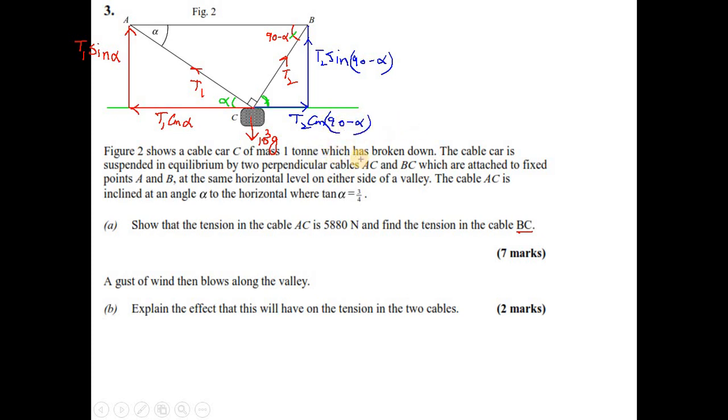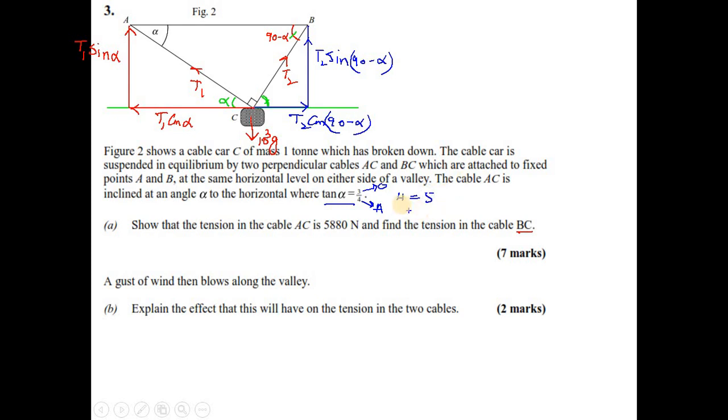So first of all, you need to figure out the value of sine alpha and cos alpha. You know that tangent alpha is given. Tangent alpha is 3 by 4. So 3 is opposite and 4 is adjacent. That means you can use this opposite and adjacent to figure out the hypotenuse using Pythagoras theorem. So the hypotenuse h will be equal to 5.